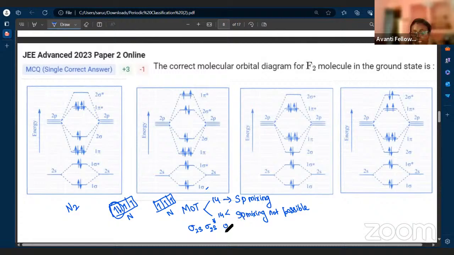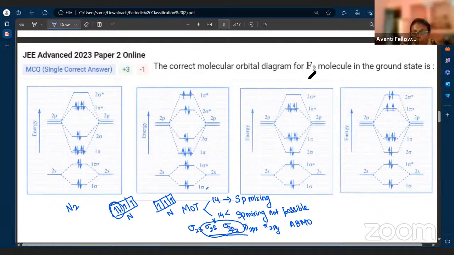Again, sigma only will come. So sigma 2pz, and then comes pi 2px, pi 2py, and then the antibonding molecular orbitals. So this is the order. Here you can see that mixing is not possible.